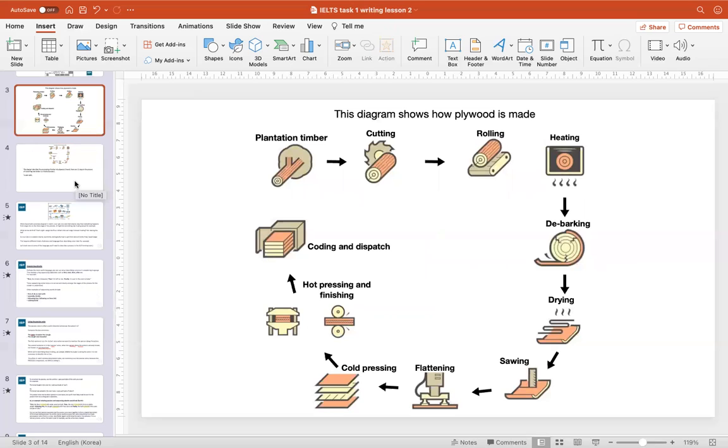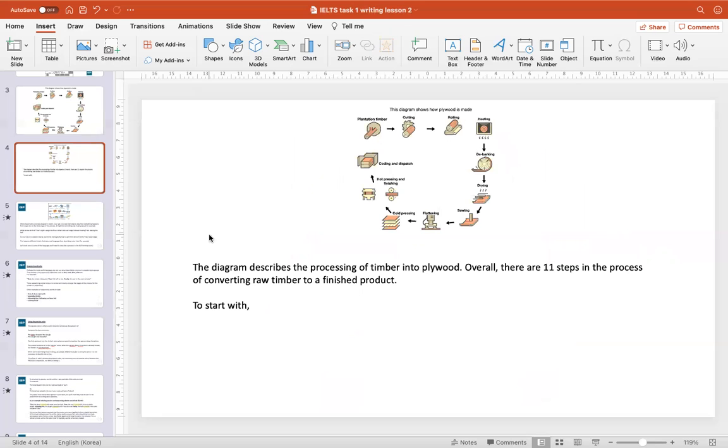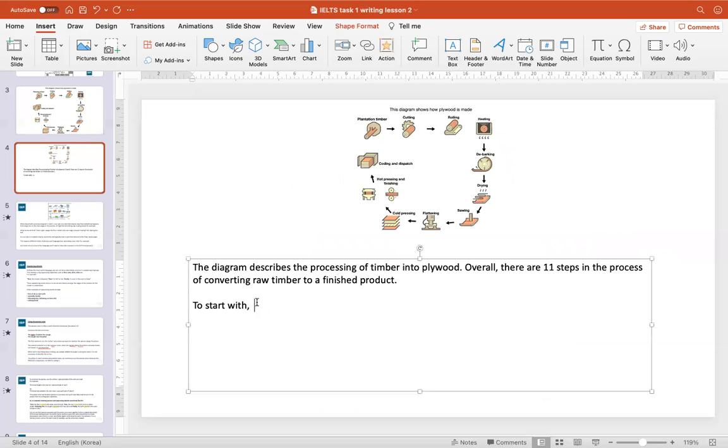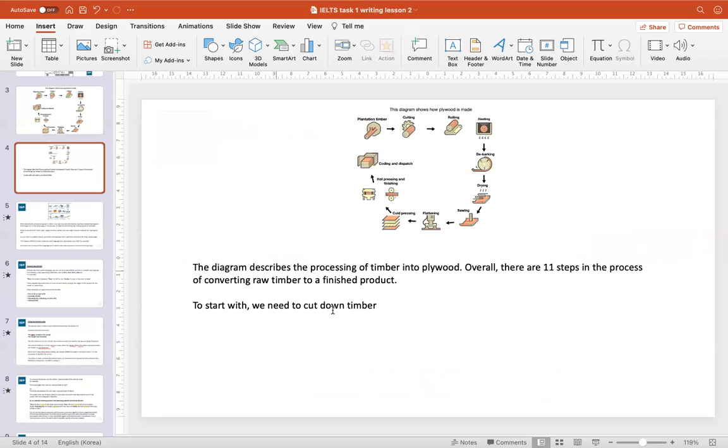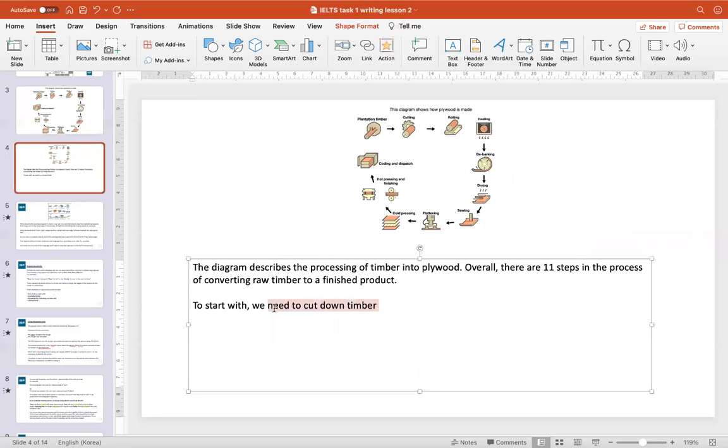Good. So remember, we need to change that. What you said is we need to cut down timber, right? Okay. So let's think about the passive. Timber was, yes, the timber.